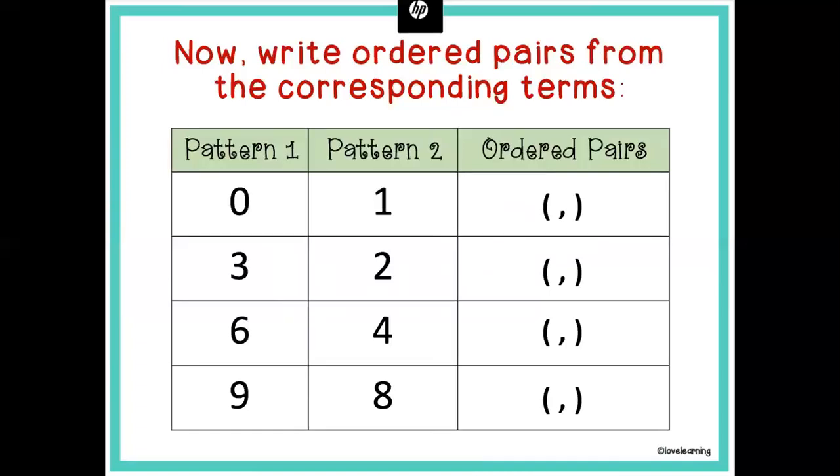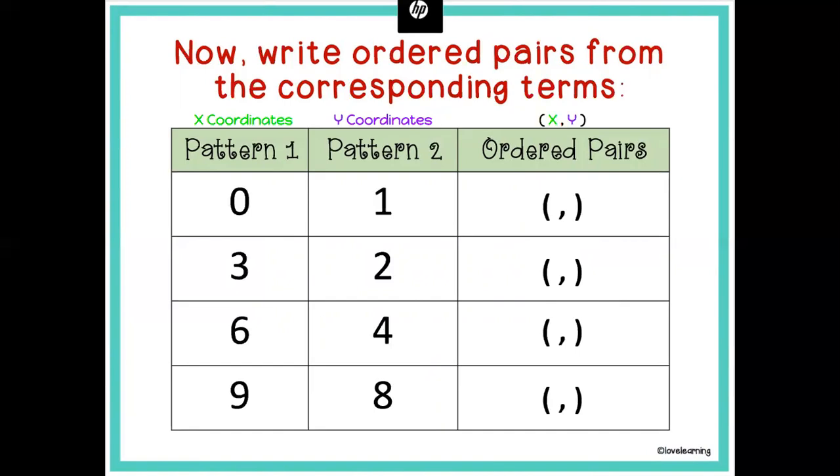Pattern 1, remember, is on the left-hand side, and that's our first number. So that's going to be our x coordinate. Pattern 2 is that second number, that y coordinate. And so when we make this, we can label the x and the y coordinates. You can see in the green and purple writing.